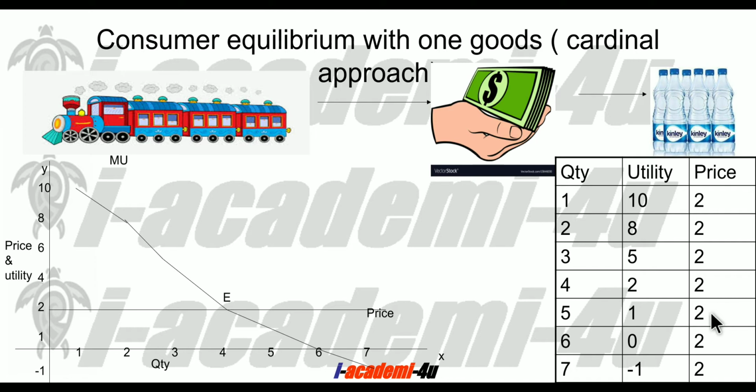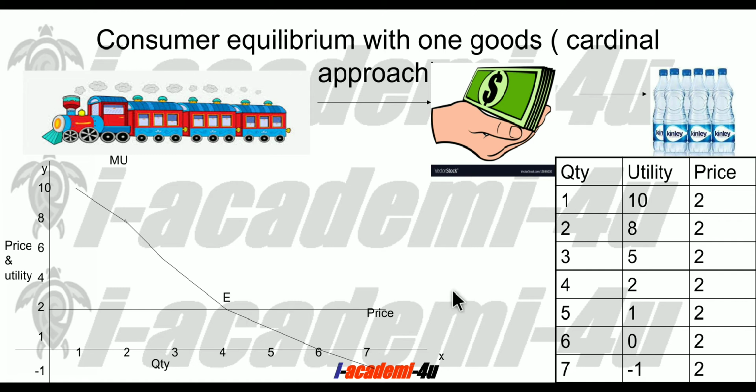In the next one, we are paying $2, all right, but we are getting a satisfaction of $1 only, and that is the point where we will not go forward. We will be rather at point 4. That is the fourth consumption, and here you can see the equilibrium being posted.